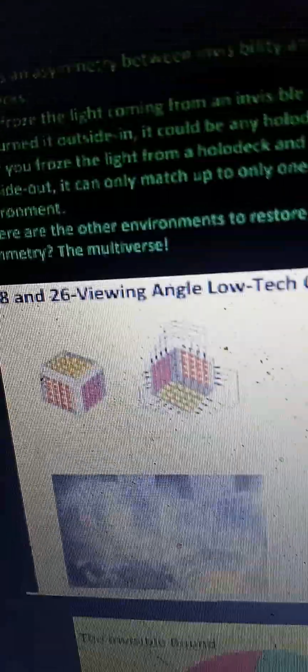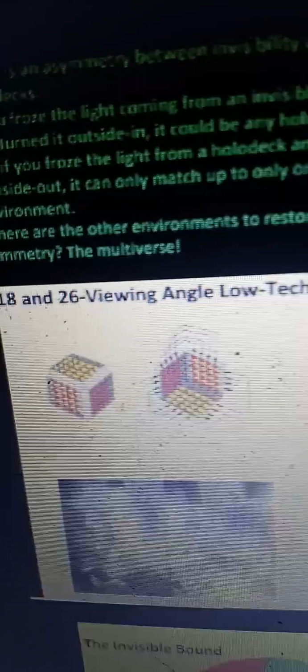The 18 and 26 viewing angle low-tech cloaked holodeck photographic portal. If you can't read that, don't worry about it. The top diagram is a box, a lenticular box is what I call it, but it's not truly lenticular. It's based on the predecessor photographic technique that led to lenticular technology.